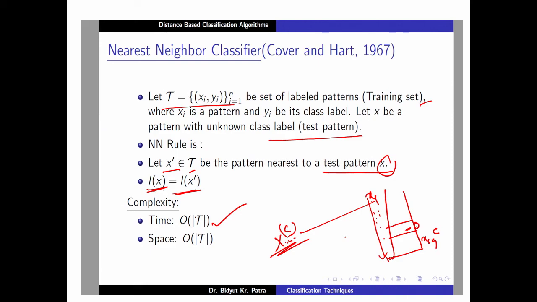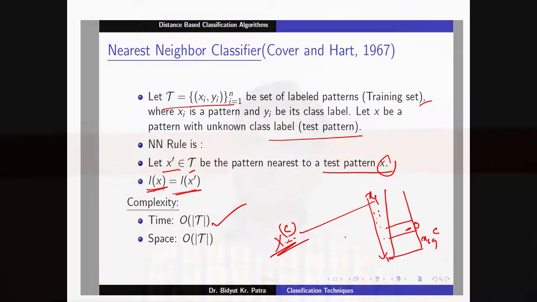But very quickly it was found that it has some drawbacks. Let us say you see only the closest point, and as I said, mostly the label is assigned by a human being. Instead of C, he may wrongly write B, and then I will identify the point's class label as B. So, if you see only the closest friend, it is very difficult to judge the characteristics of the guy.